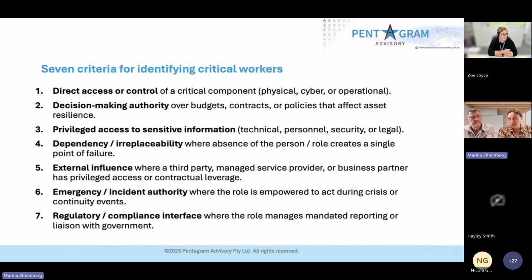And probably one thing to add, if you're going through the supply chain mapping process or the critical worker identification process, keep in mind their interdependency, interconnectedness, that when you're doing one, you can do part of another and they depend on each other.